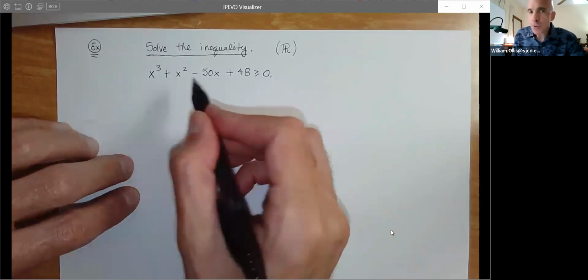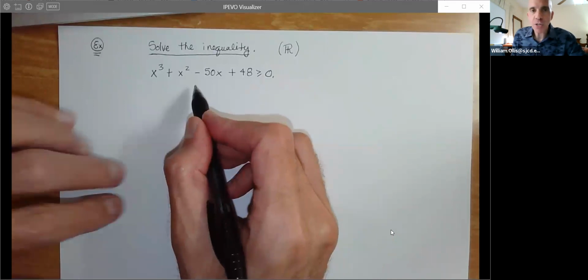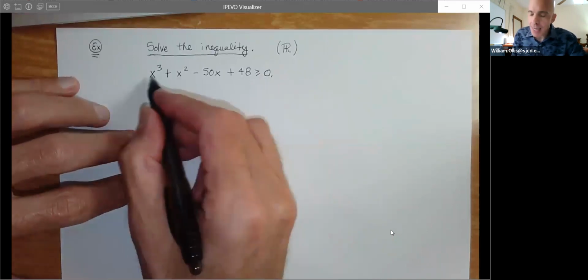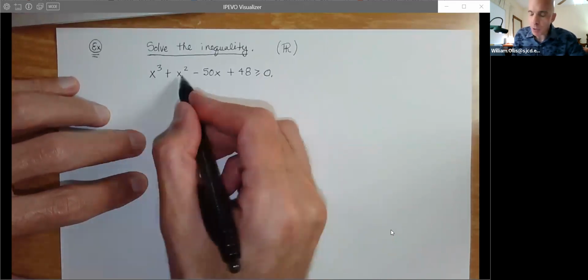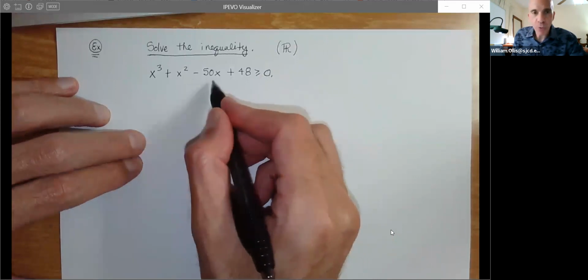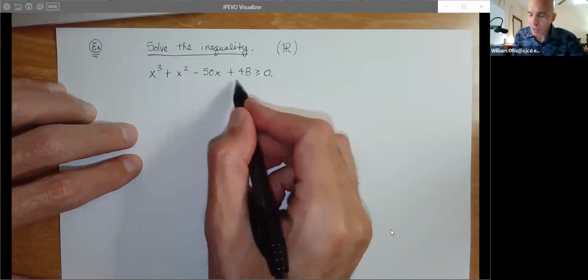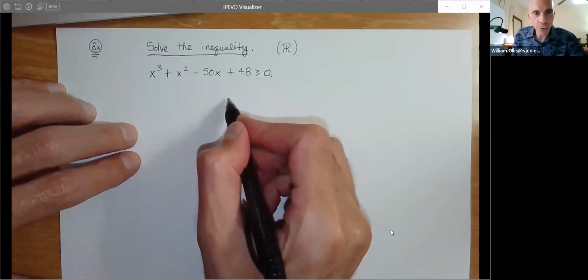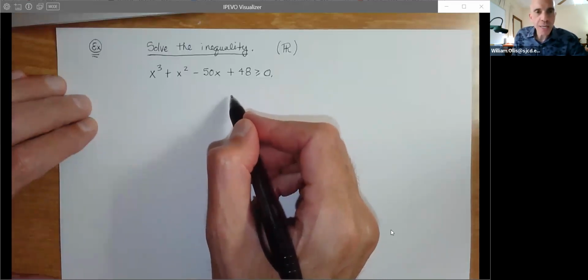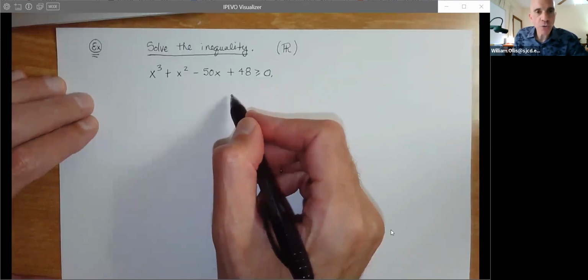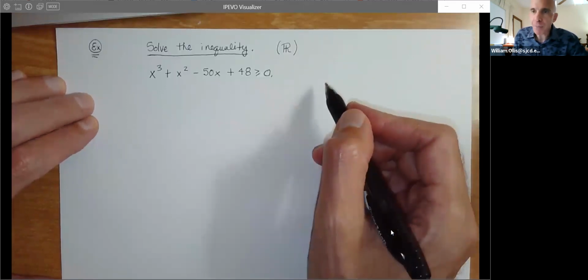Now, what's different when we compare this to problems we've done in the past is that we didn't have a cubic polynomial like this that might require other techniques. So when you look at this, I don't think we could really factor it by grouping. So we want to use the rational zeros theorem to see if we can uncover the BVs.